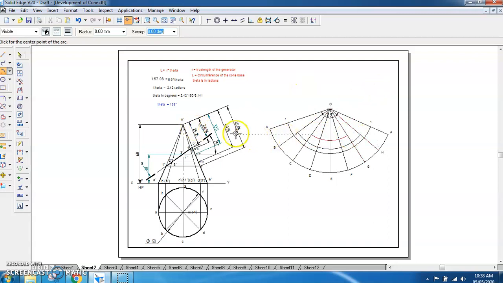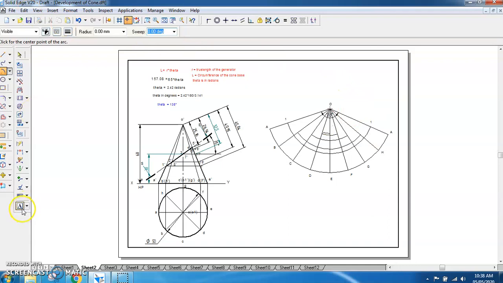Then 26.94, approximately 27, from here and here too. And then it is 25.16, so from here you get one arc.